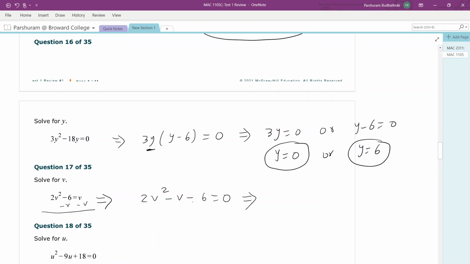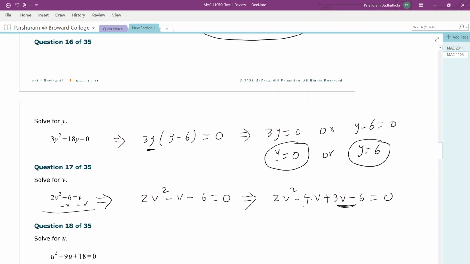If I use the AC method, I can find the factors. Negative 6 times 2 is negative 12, and negative 4 times 3 is also negative 12. If I add negative 4 and positive 3, it gives me negative 1, which is the middle term. So I can write this as 2v squared minus 4v plus 3v minus 6 equals 0.